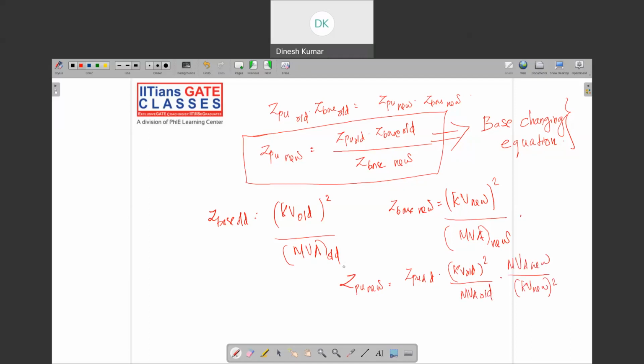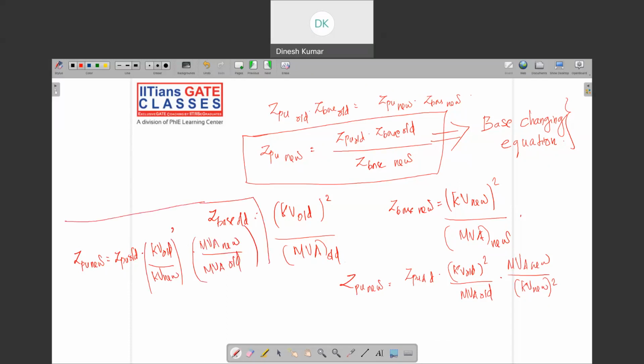So Z per unit new will be equal to Z per unit old into kV old divided by kV new the whole square into MVA new divided by MVA old, right? This is basically known as the base changing equation. So you should remember, because this is asked a lot of times in PSUs and other examinations.